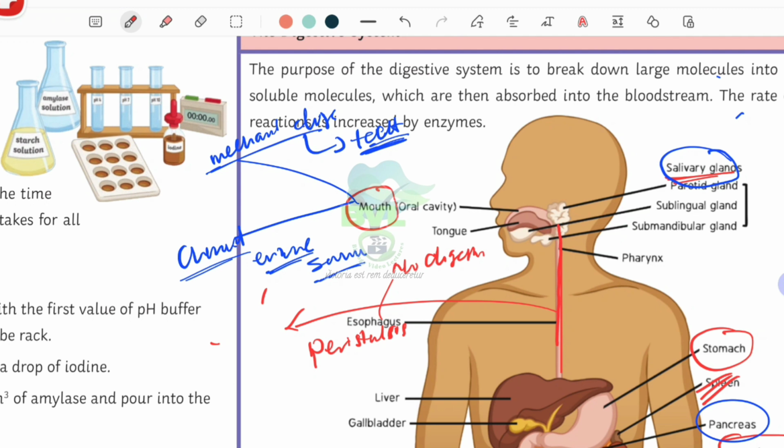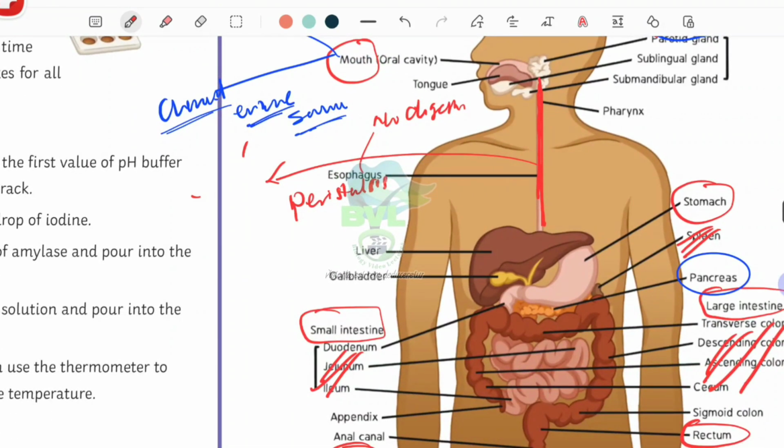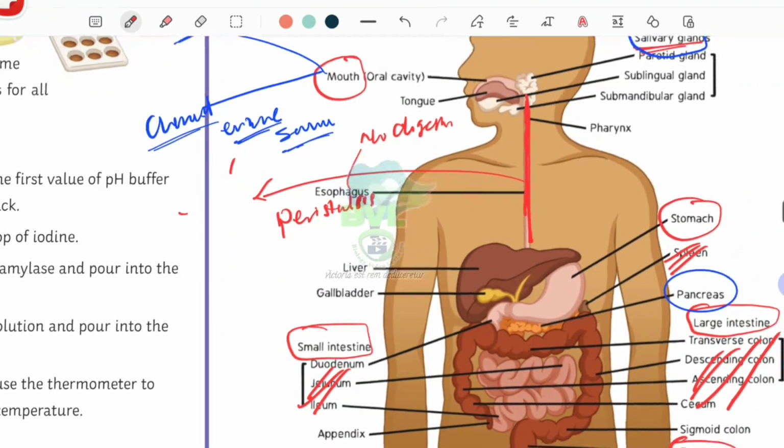Peristalsis is not limited only to the esophagus, please. It happens all through the alimentary canal. So don't think that peristalsis happens only in the esophagus. It happens all through the entire alimentary canal, but the first place you encounter peristalsis is here.